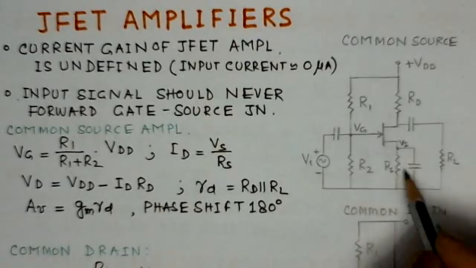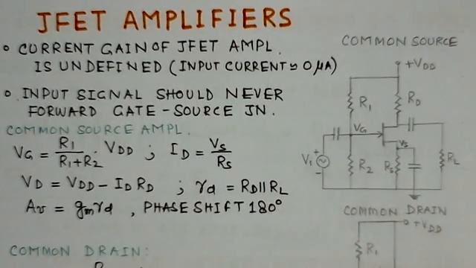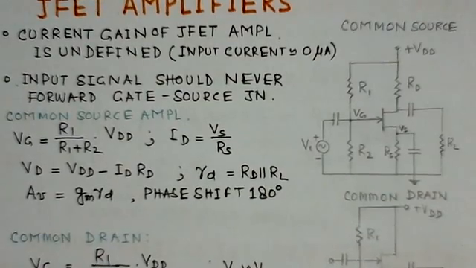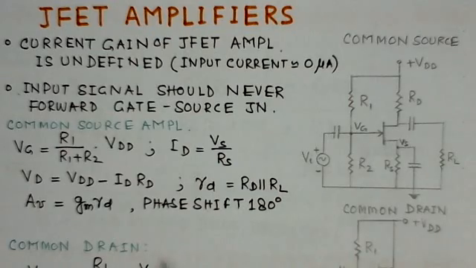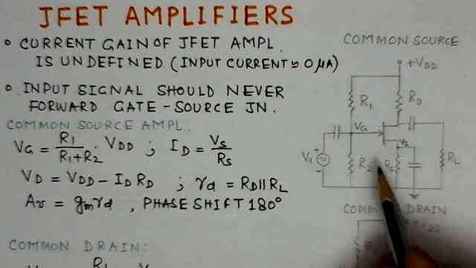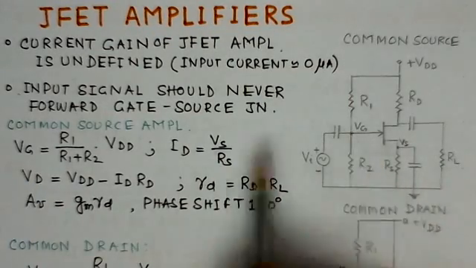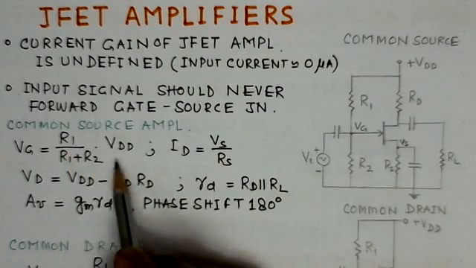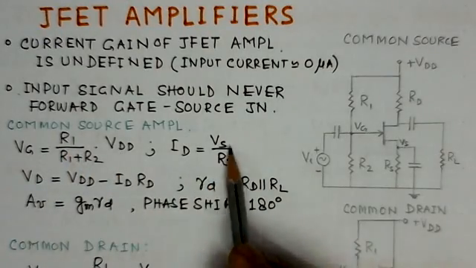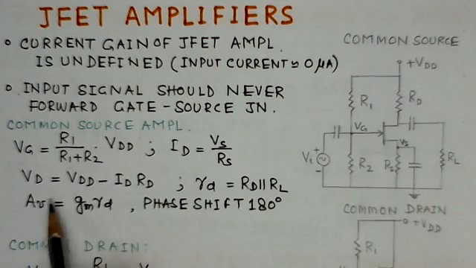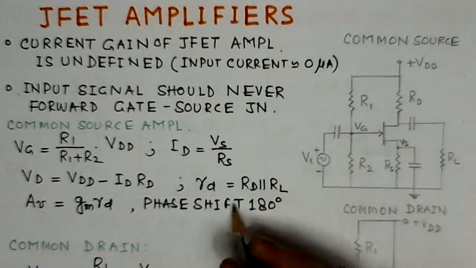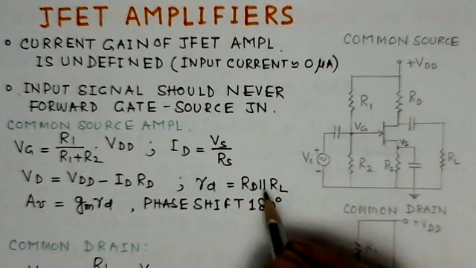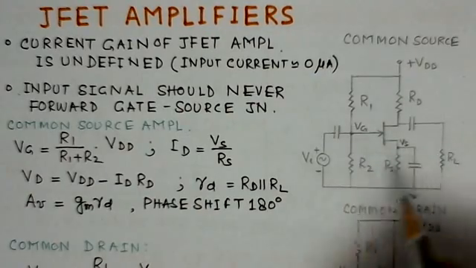Now this is a common source amplifier, and the governing equations for the common source amplifier circuit are given here. VG is the voltage at this point, R1 over R1 plus R2 into VDD, and ID is VS over RS, and VD is VDD minus ID RD, where RD is the AC resistance at the output, that is RD in parallel with RL.